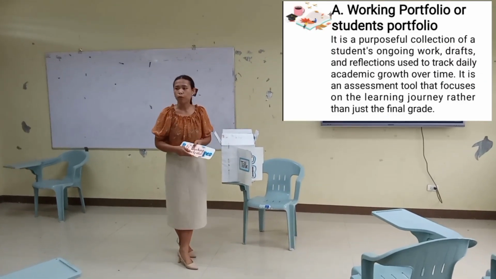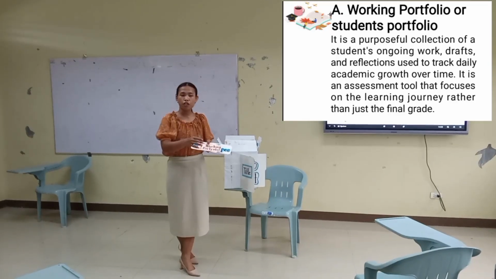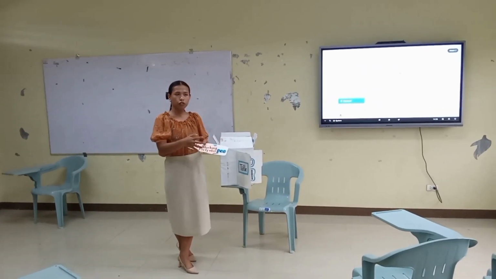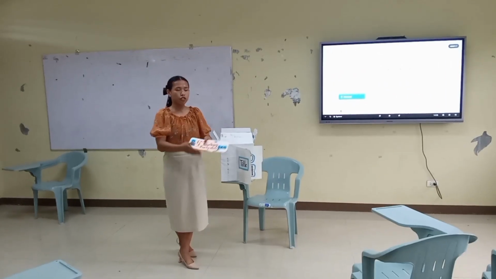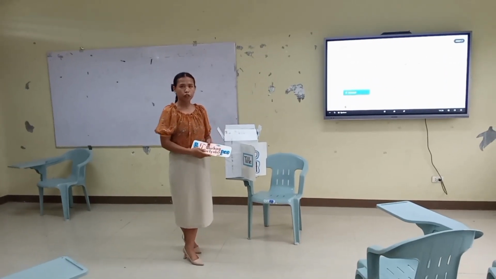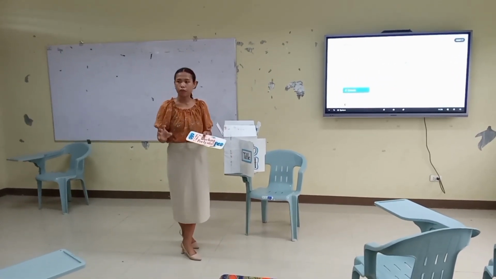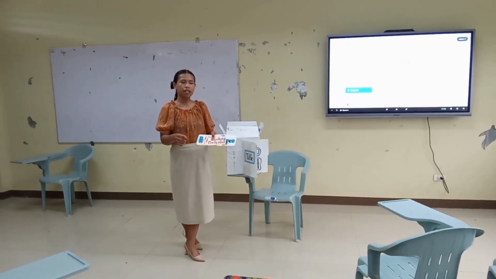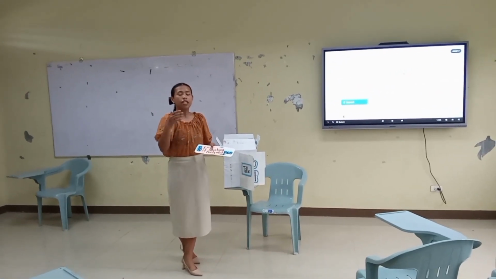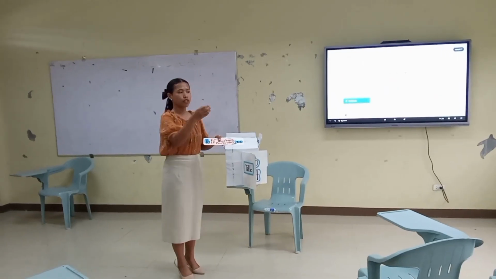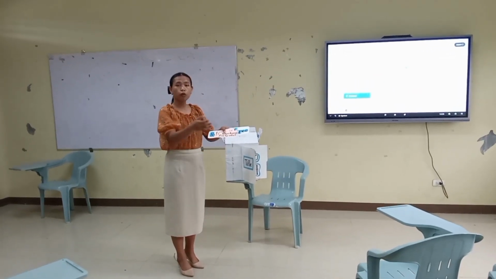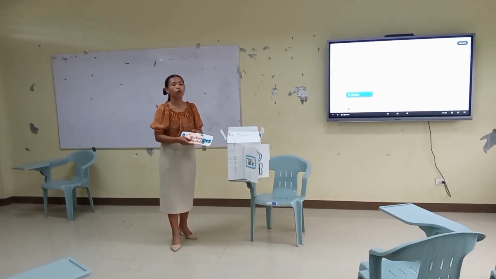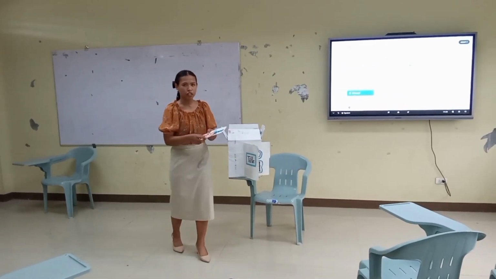The working portfolio is used in the student's learning, so it is used by the student. That's why it's called working portfolio, and it has another term, which is the student's portfolio. It is in the student's achievements where the learners put what they write, what they understand, or what they reflect according to the instructions of the teacher.